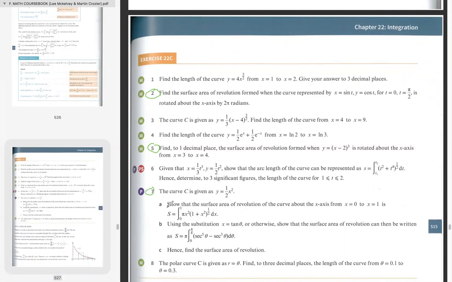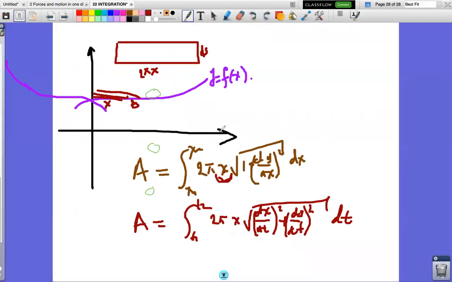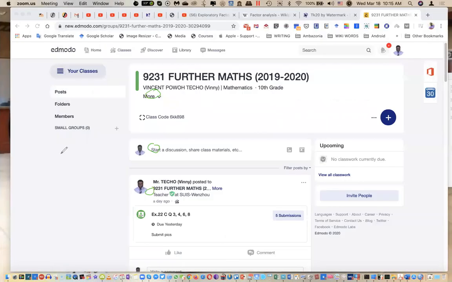They involve surface area of revolution.